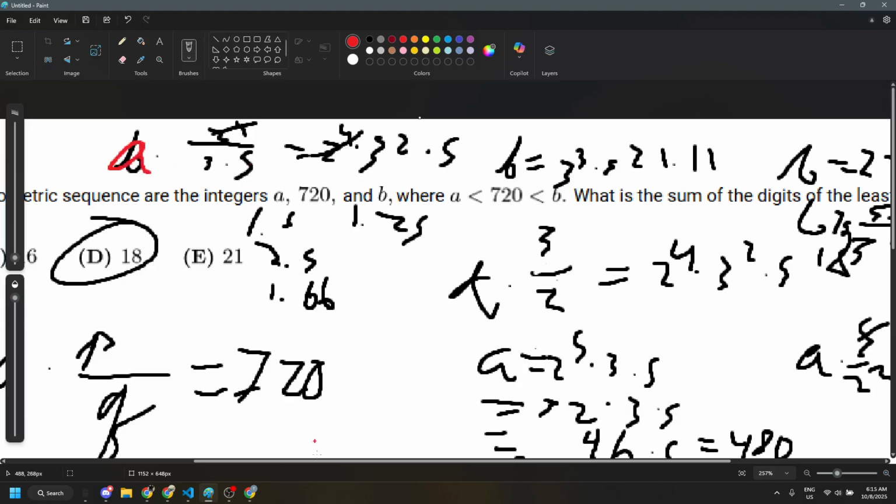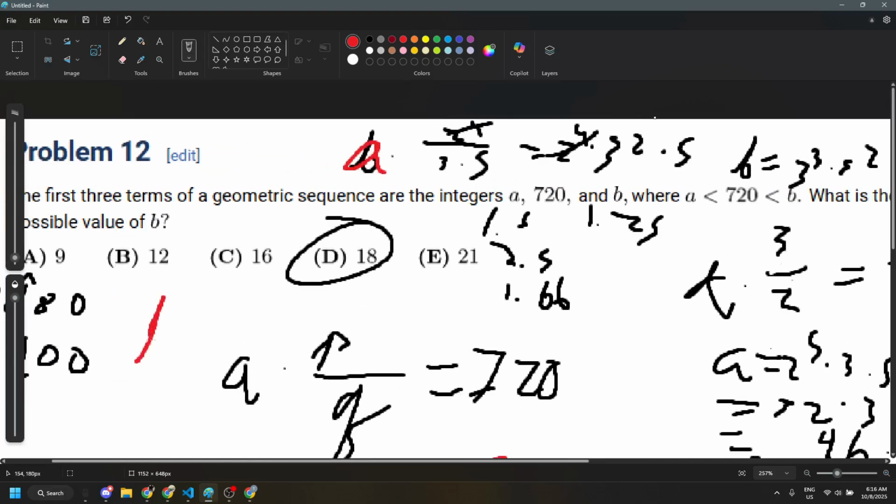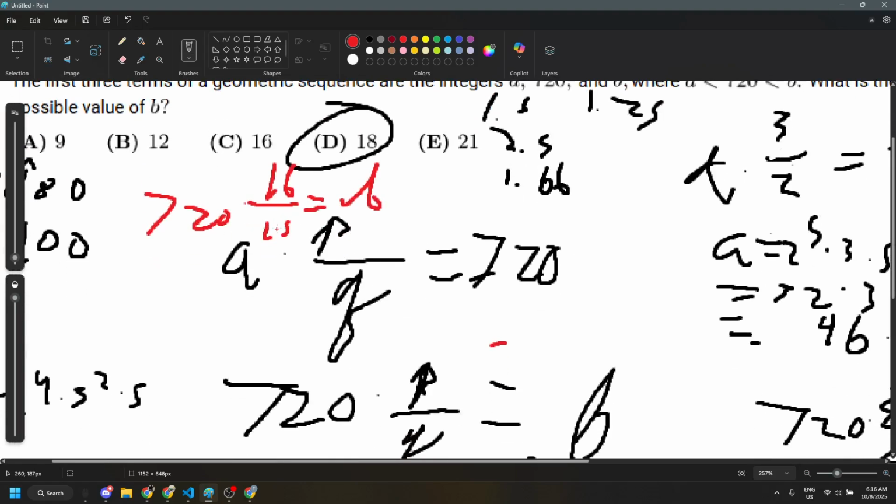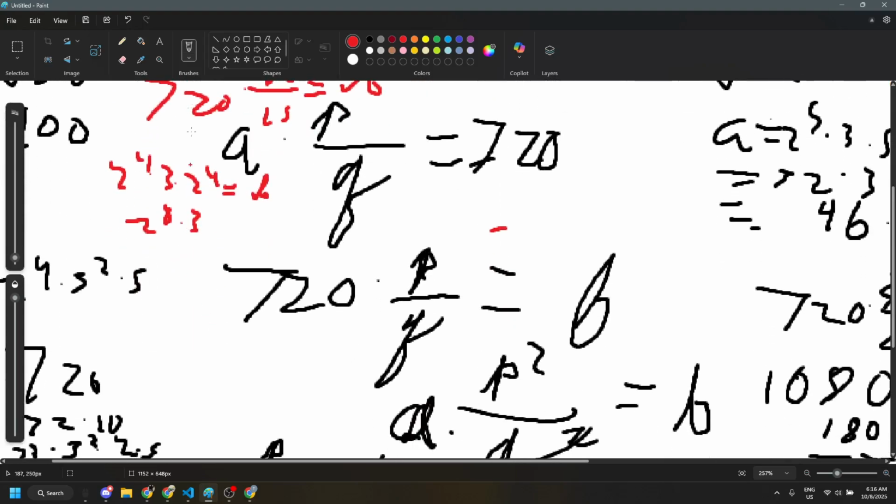I did the calculation for A, and then the actual thing would have been B. 720 times 16 over 15 is equal to B, and then divide by 3 times 5, so we get 2 to the 4 times 16, 2 to the 4 times 3 times 2 to the 4 is equal to B. So 2 to the 8 times 3, 2 to the 8 would be 256 times 3, which would be 768, which yields a value of 21.